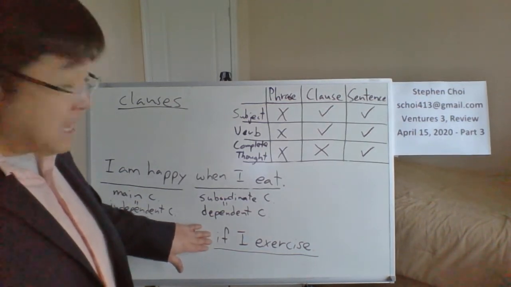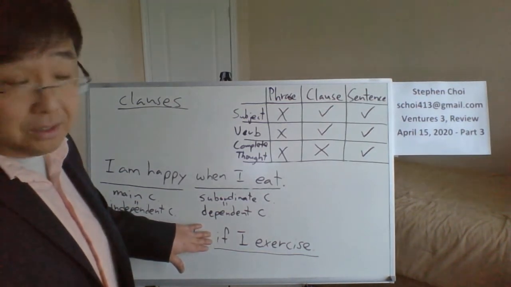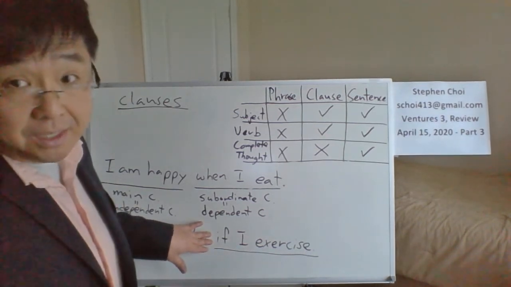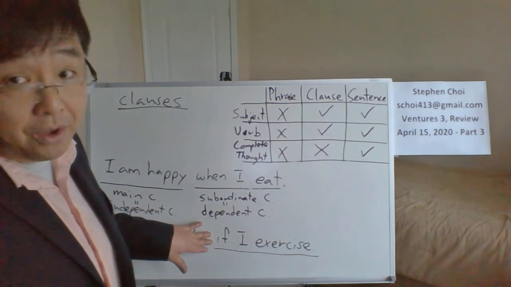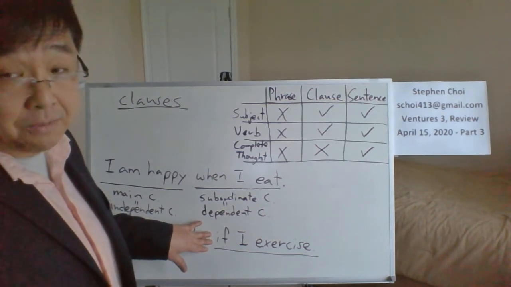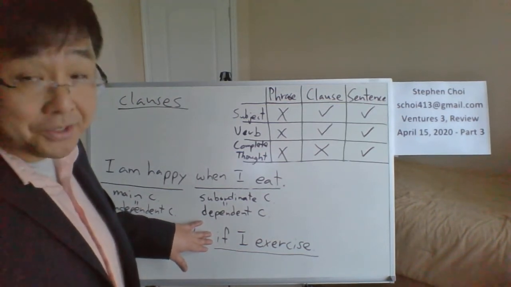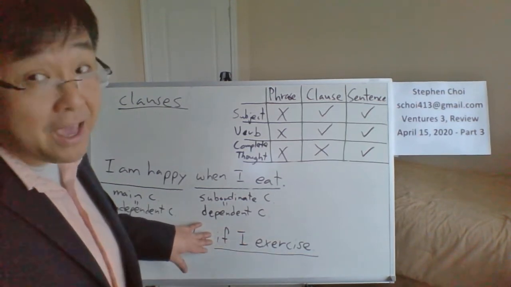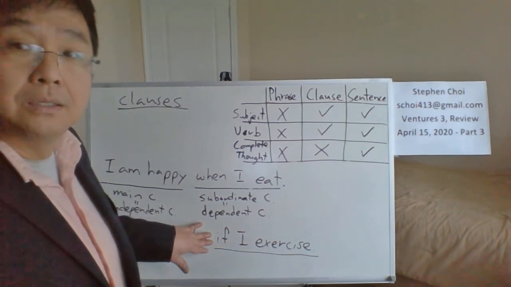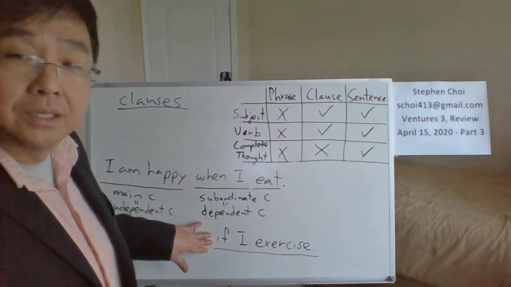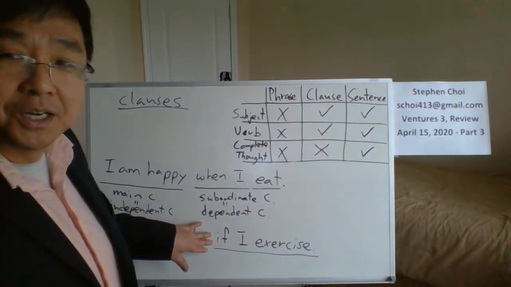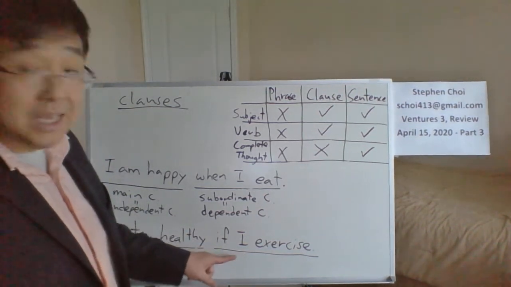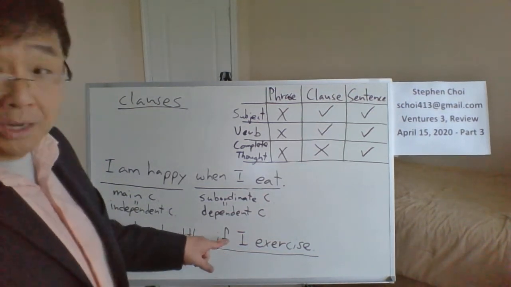Okay? Because "if I exercise" has a subject and verb, but it does not have a complete thought. Okay? It is not a complete thought. "If I exercise," period. Okay? If I try to say that, "if I exercise," it's like, finish your sentence. Complete your thought, right? Okay, that's why that is the dependent clause or the subordinate clause.